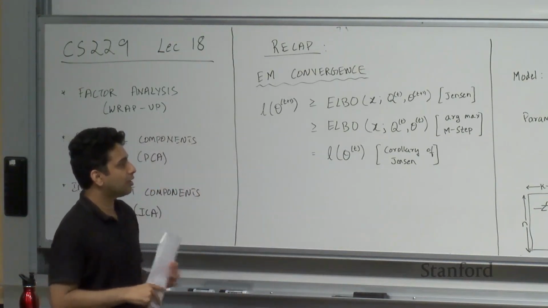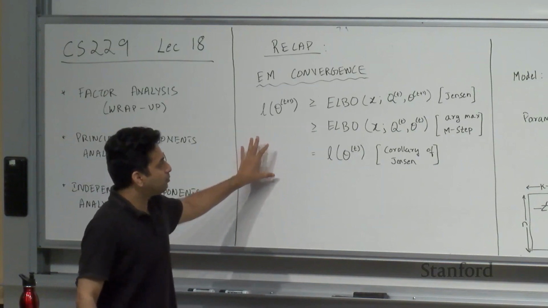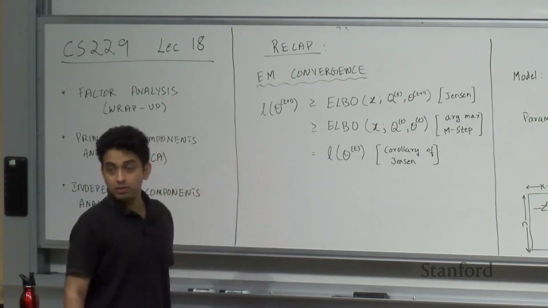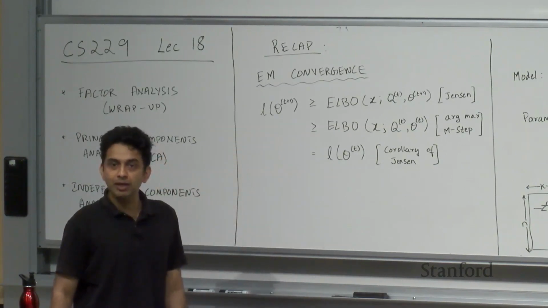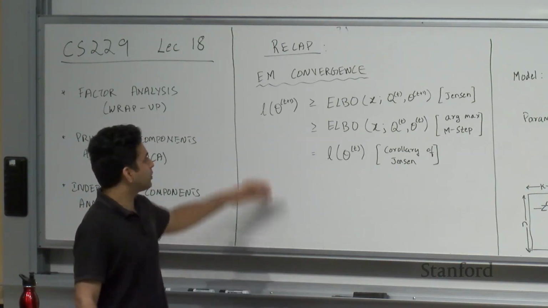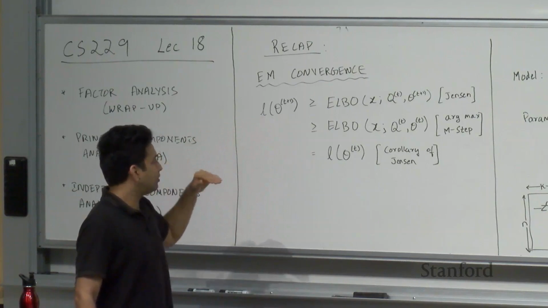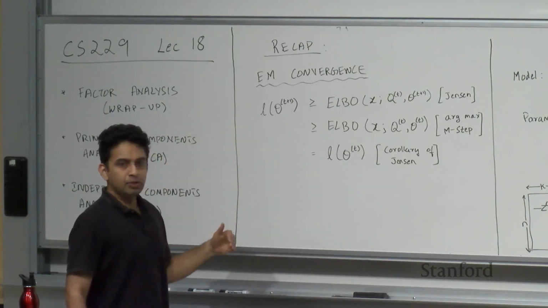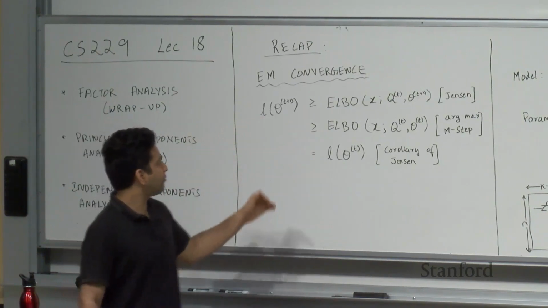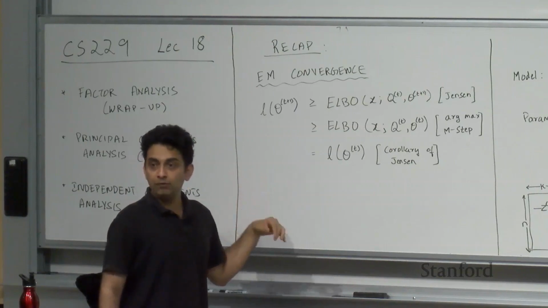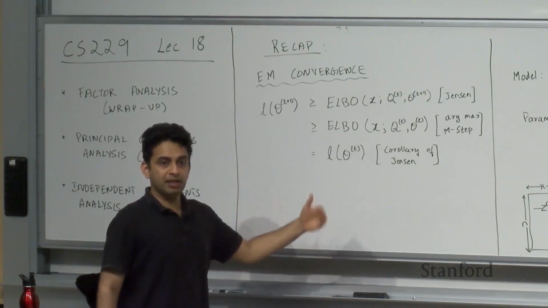In the last lecture, one big proof that we covered was the convergence of the expectation maximization algorithm, and the proof was pretty simple. We wanted to show that the EM algorithm is guaranteed to increase the likelihood of the observed data in every step, in every iteration.